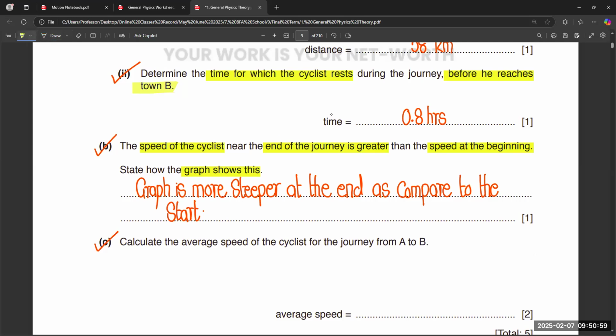And calculate the average speed of the cyclist for the journey from A to B. So for average speed, we know we need to count the total distance divided by total time.